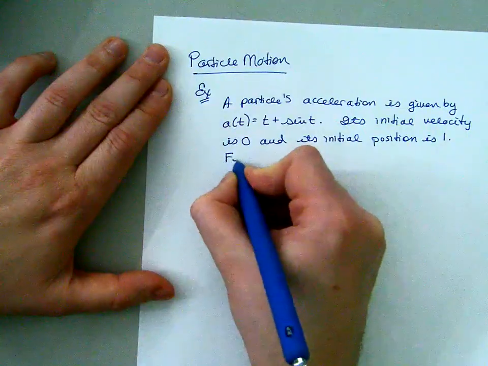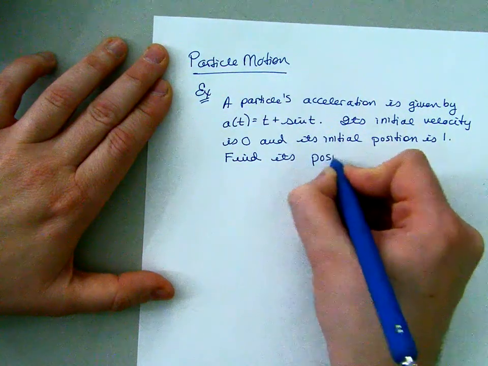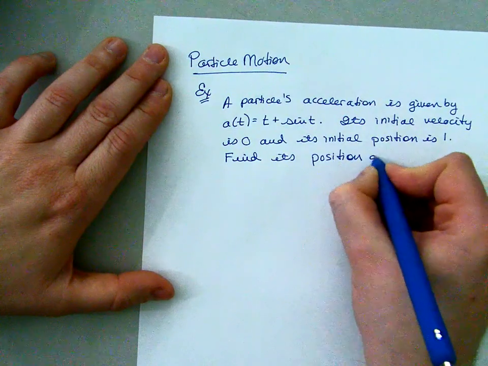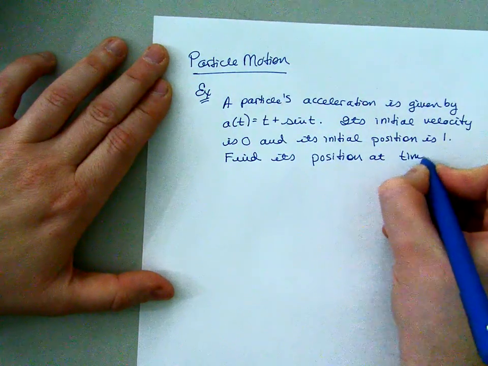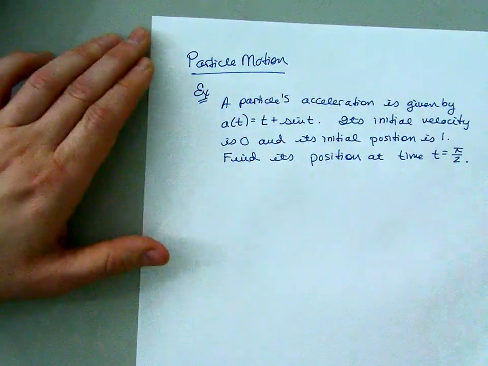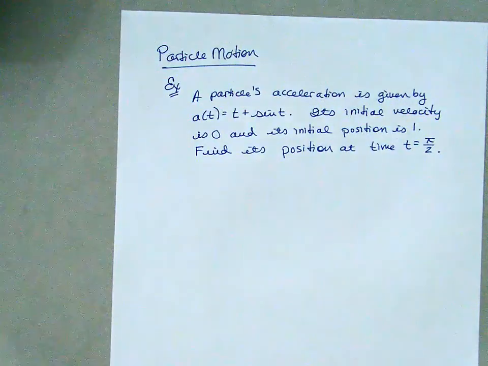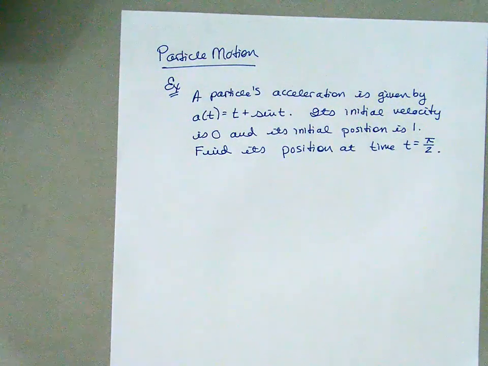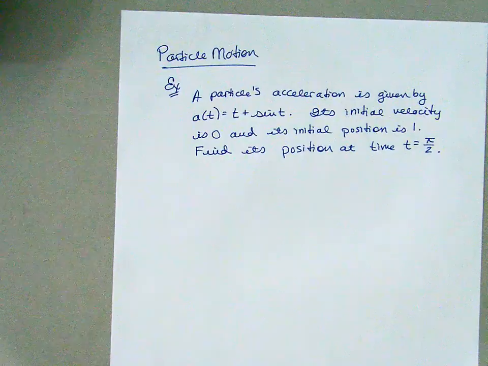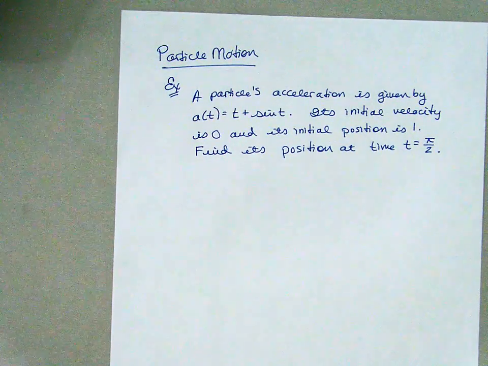We want to find its position at time t equals, there's trig in here, so I'm going to make it t equals pi over 2. The acceleration is given by a of t equals t plus the sine of t. The initial velocity is 0, initial position is 1. We want to find the position at time pi over 2.